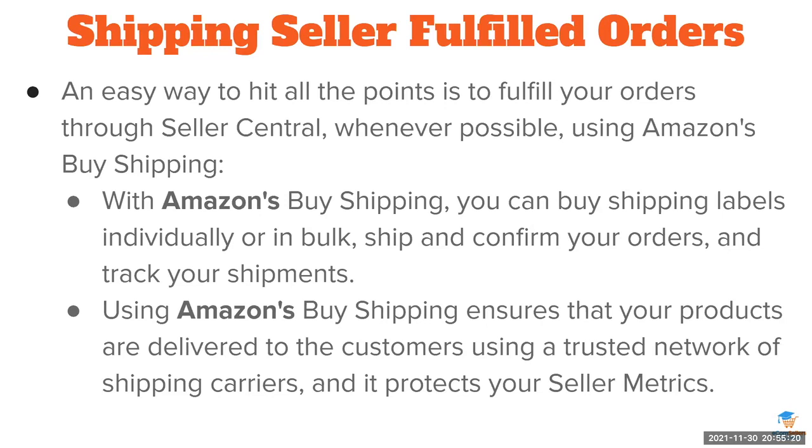Using Amazon's buy shipping ensures that your products are delivered to your customers using the trusted network of carriers and suppliers. And yes, you do want to buy it from Amazon because it'll automatically put the tracking number on there. But if you use an integration tool of some type, then again, you can get that tracking number put in there as well, so your customer knows.